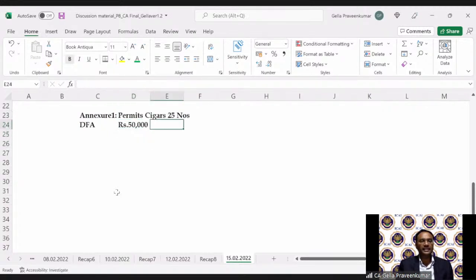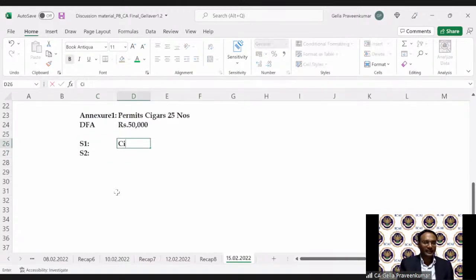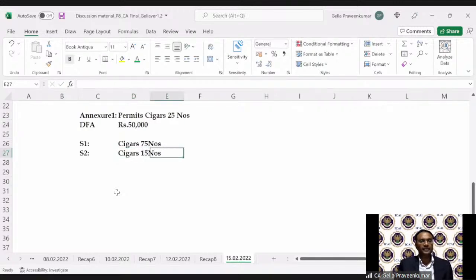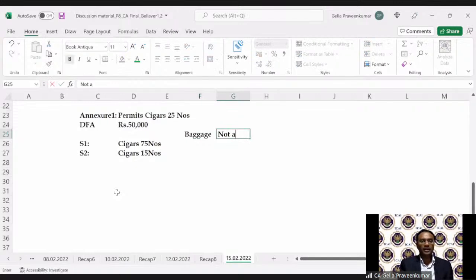Now look at this way. Scenario 1, scenario 2. Cigars 75 numbers. Cigars 15 numbers. Now, baggage, not a baggage, for duty purpose.